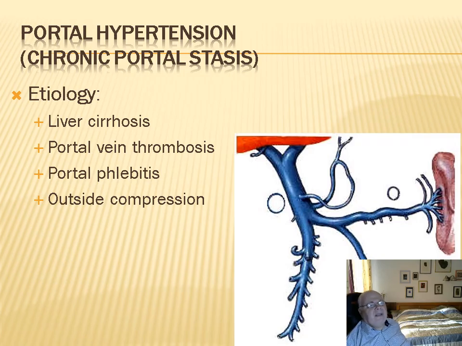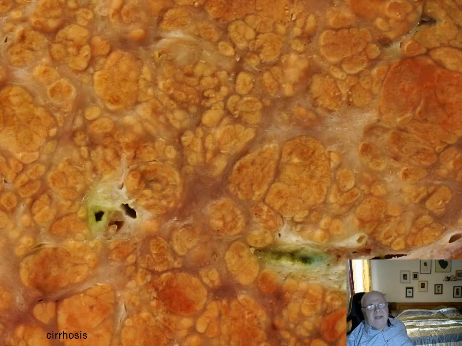It's quite frequently the site of malignant tumor growth, and this malignant tumor can eventually compress the portal vein and generate portal hypertension as a result. But compared with liver cirrhosis, it's rare.